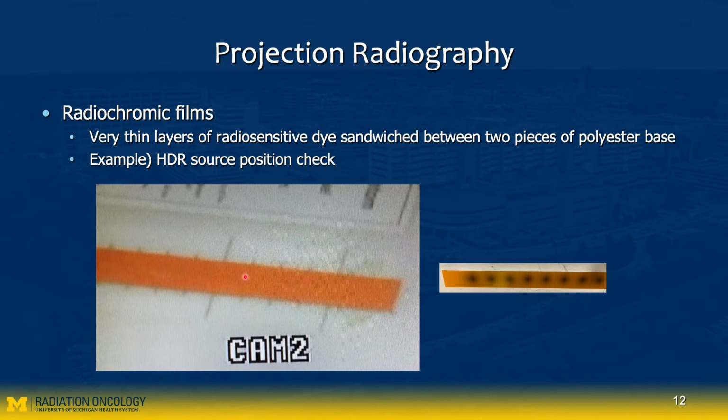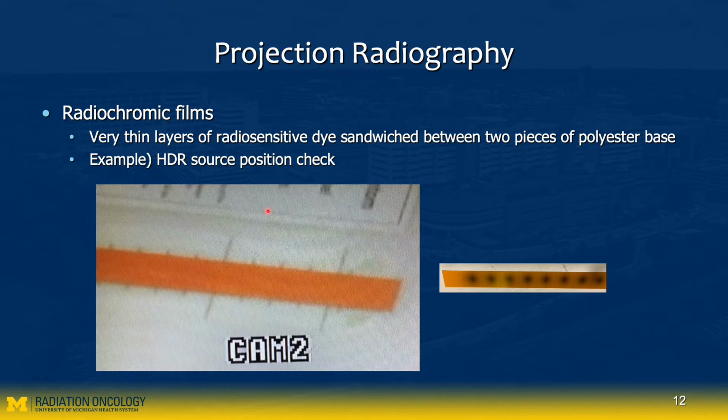This radiation is coming from scatter radiation. It forms the source position, and it also leaves these marks from this metal strip. The center of this circle should be aligned with this strip. So that's how we do the morning QA position check.